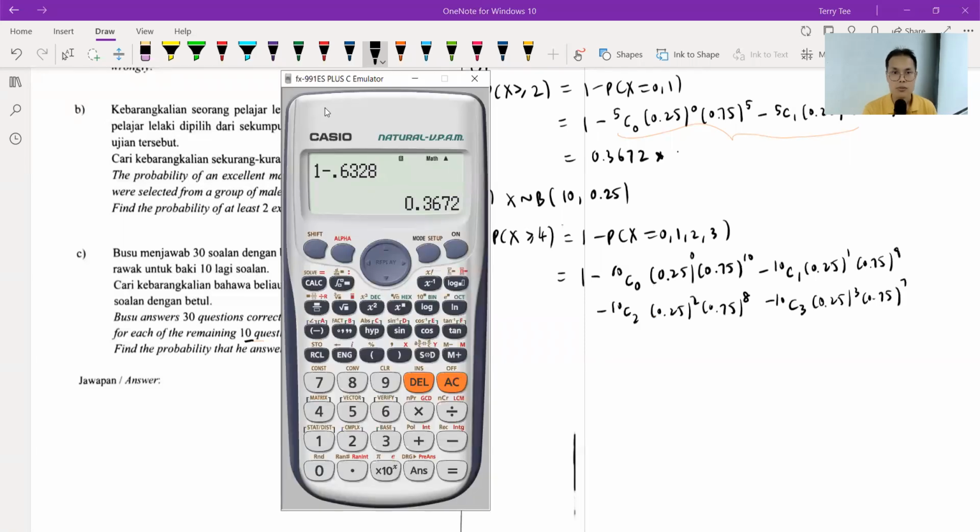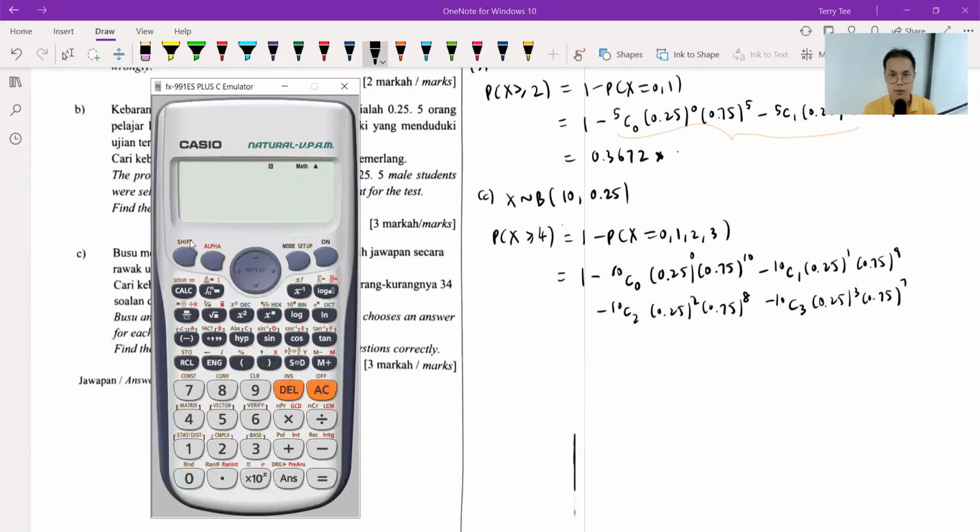Okay, for me, I would use this calculator. This is a shortcut to this. I press Shift Sum. You can use the other calculator, use the cumulative density probability. You can do that as well because the calculator can add 0 to 3. Or you can use this calculator, for example, then choose alpha x multiply with p, 0.25 power alpha x, then you multiply with 0.75 power n minus x.